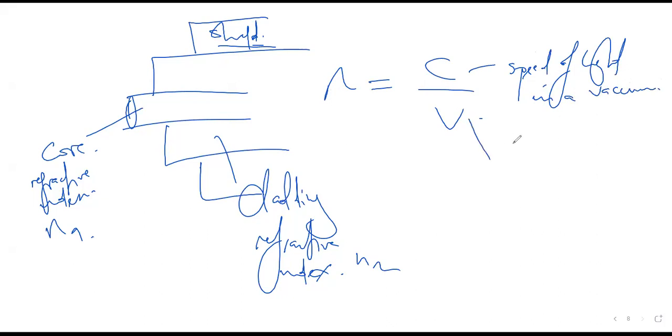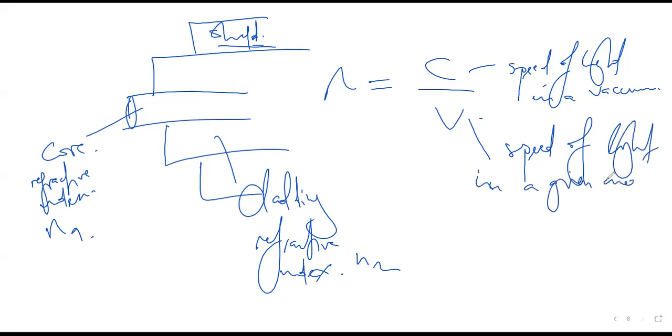And V is the speed of light in a given medium. So if our medium has refractive index N1, it means V is V1, the speed of light in medium 1. The refractive index is the ratio of the speed of light in a vacuum in free space and the speed of light in a given medium. You're supposed to know that.